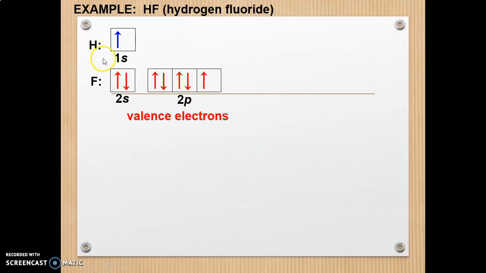Hydrogen has one electron, so the orbital that is involved for hydrogen is only one s. For fluorine, the valence electron configuration: valence electron for fluorine is 7, so it involves 2s and 2p orbital. Orbital 1s of hydrogen is occupied by a single electron.